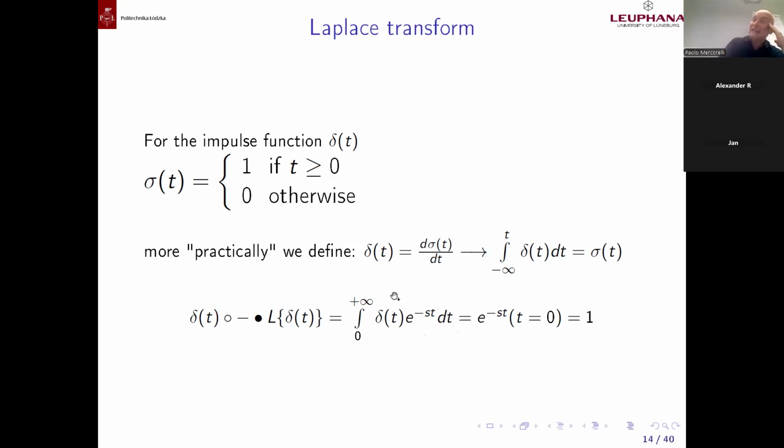This is another property, a little bit more difficult to demonstrate. From this expression, including the integral, to this one, it's not so easy to see intuitively. But if you think that delta multiplied by the exponential function e to the minus st is delta, and roughly speaking, the integral of delta is equal to 1, then there is no difference if I calculate the integral between minus infinity and plus infinity, which includes the Laplace transform in a sense.